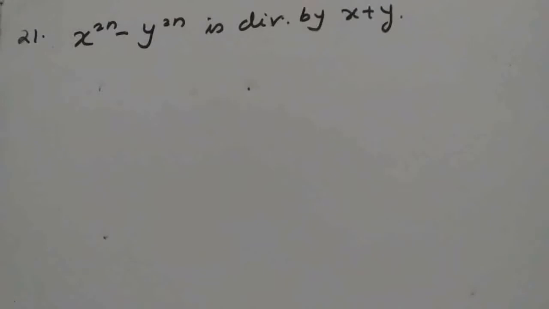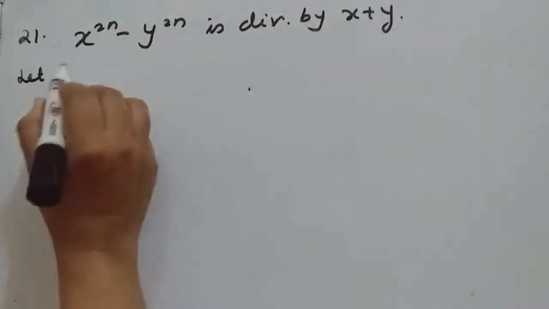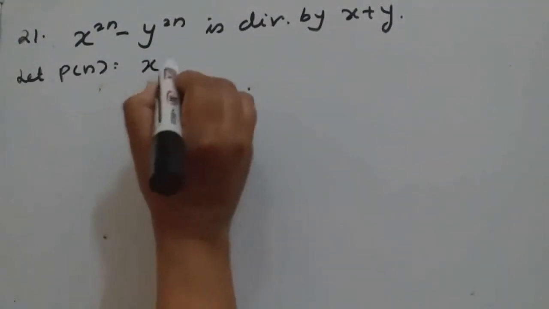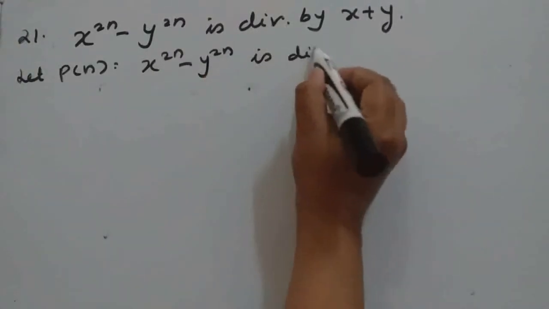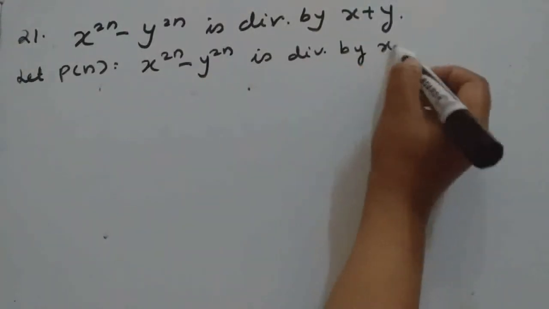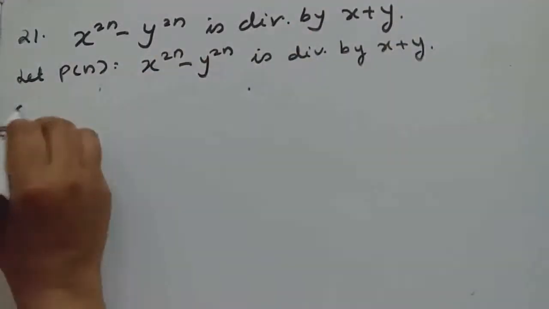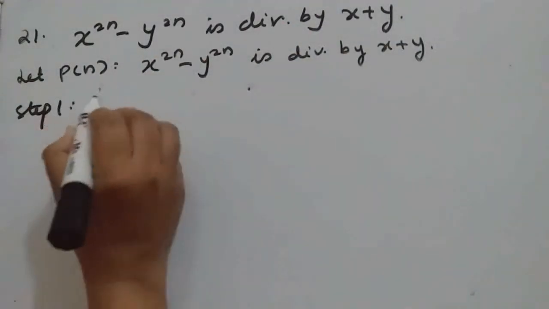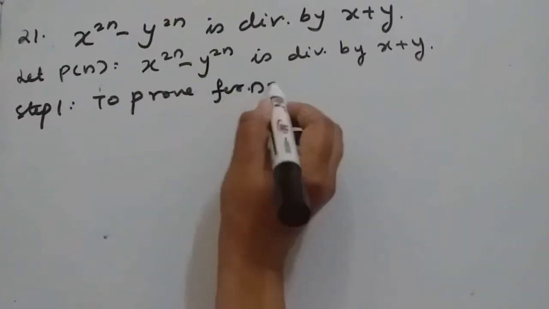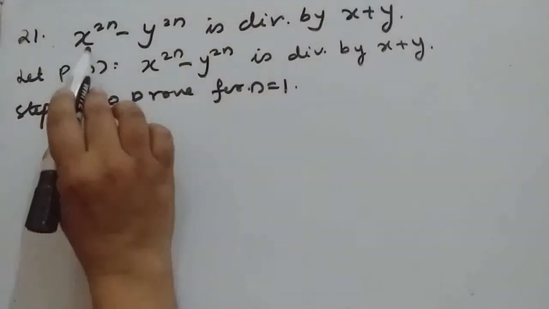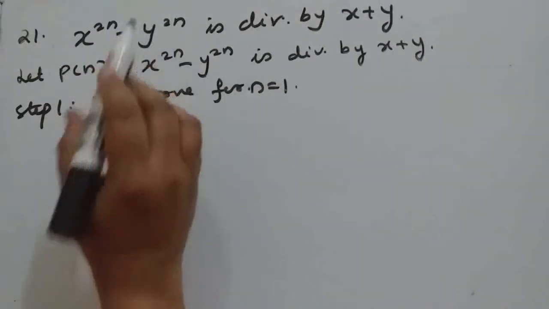Question number 21. Let P of n be the statement x power 2n minus y power 2n is divisible by x plus y. Step 1: to prove for n equal to 1. Here we will substitute n value 1.